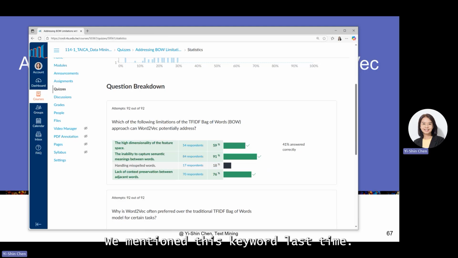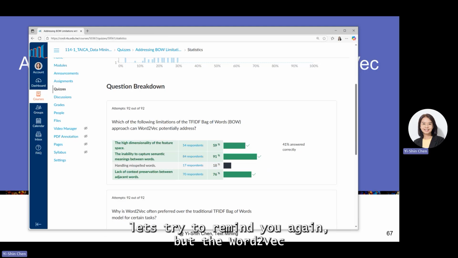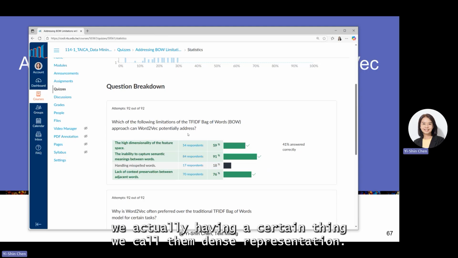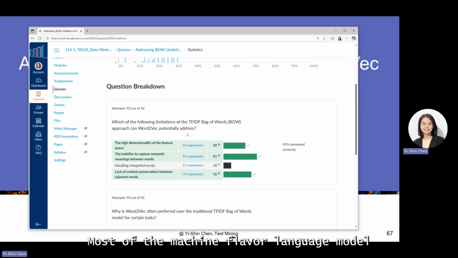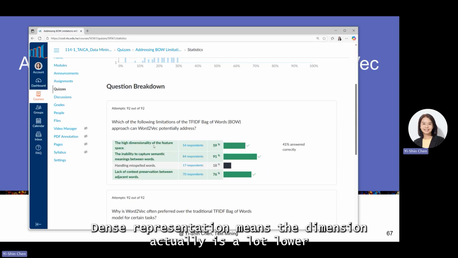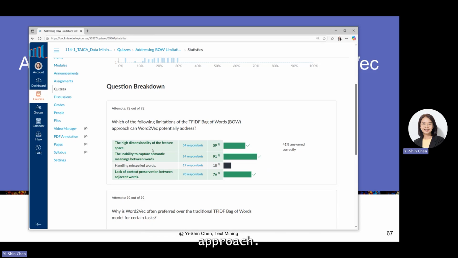We mentioned this keyword last time, and I am reminding you again. But for word2vec, we have what we call a dense representation. Most machine learning language models are called dense representations. A dense representation means the dimension is a lot lower than the TF-IDF bag-of-words approach. Okay, so the first one was right.